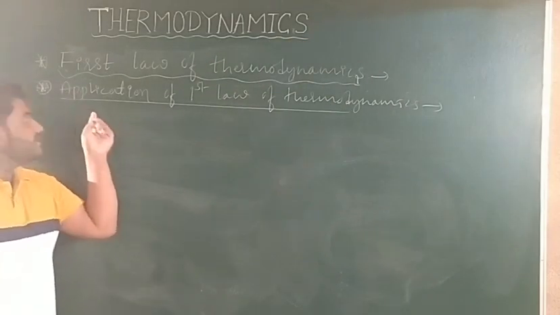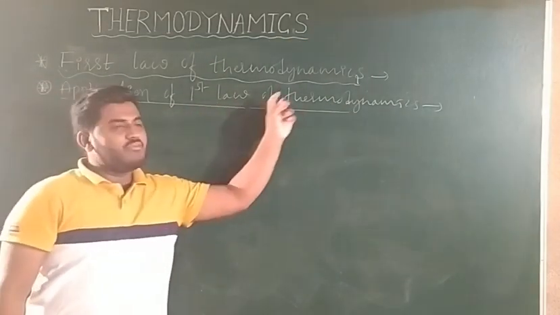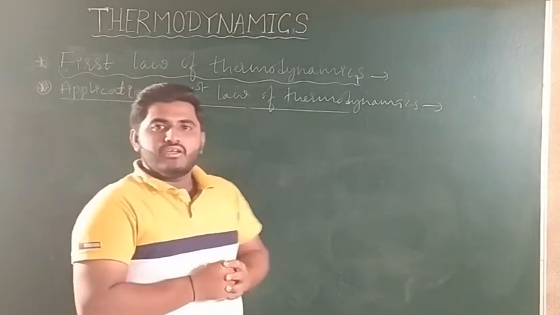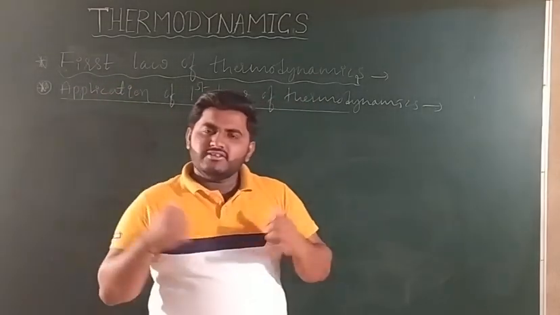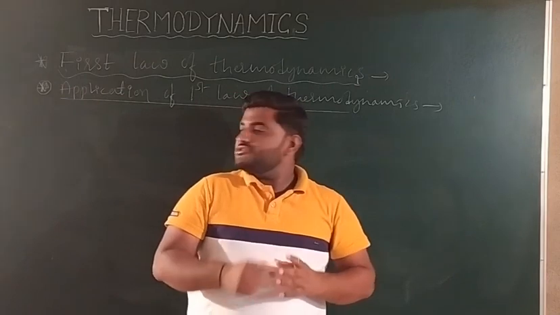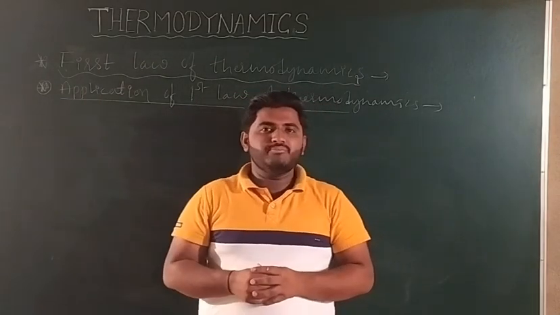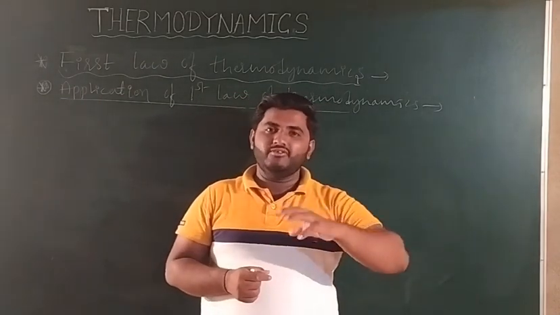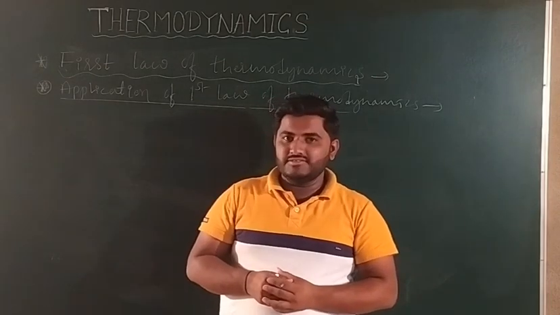Now we will discuss applications of the first law of thermodynamics. Where is it used? In application, the first law of thermodynamics can be used to calculate several work done.